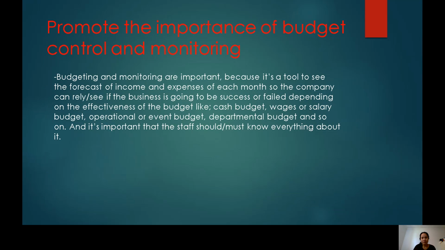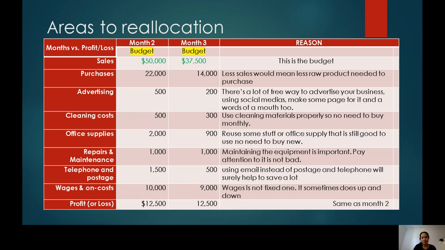And here, month 2 22,000, month 3 14,000. Less sales would mean less raw product needed to purchase, because you don't need to purchase expensive product when you can buy a cheaper one that has good quality.